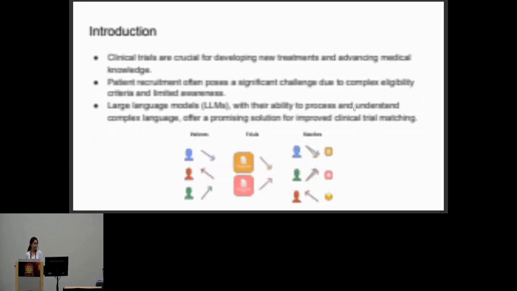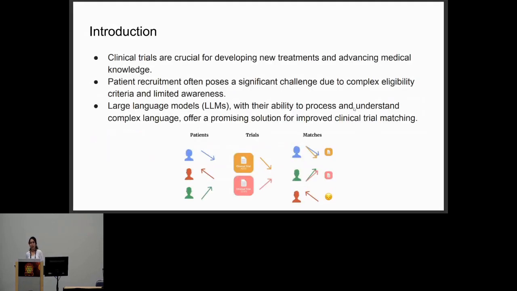results that we have. So as we all know, clinical trials are an important part of developing new treatments for patients, and in particular, patients face difficult challenges when they want to go through complex text to find the eligibility criteria to find the best treatment for them.